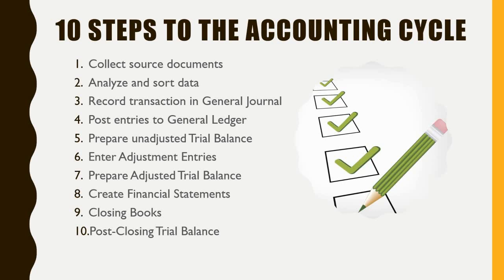Okay, once we do that, when we talked about the general ledger, you literally have to post it to the general ledger afterwards. So once again, the general journal is just a book full of daily transactions.